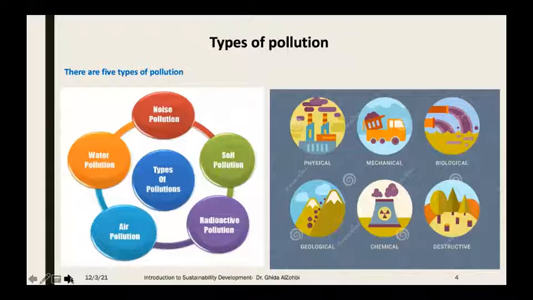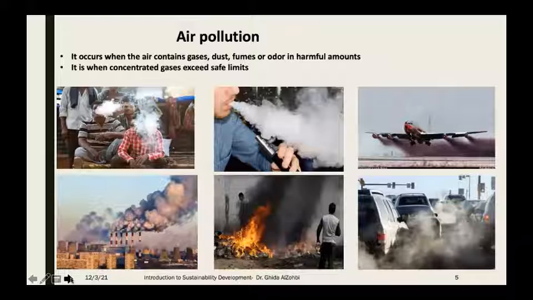There are mainly 5 types of pollution: noise pollution, soil pollution, radioactive pollution, air pollution, and water pollution. We will start by talking about air pollution. Air pollution occurs when the air contains gases, dust, fumes, or odor in harmful amounts.